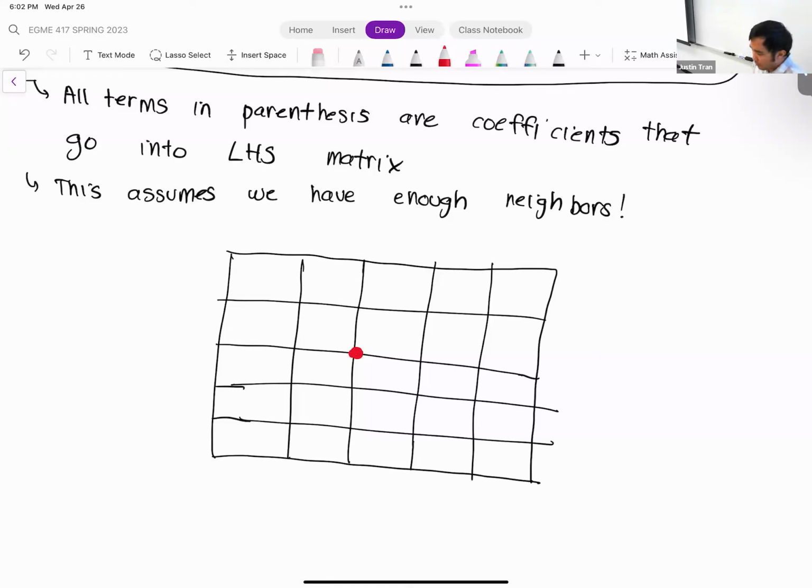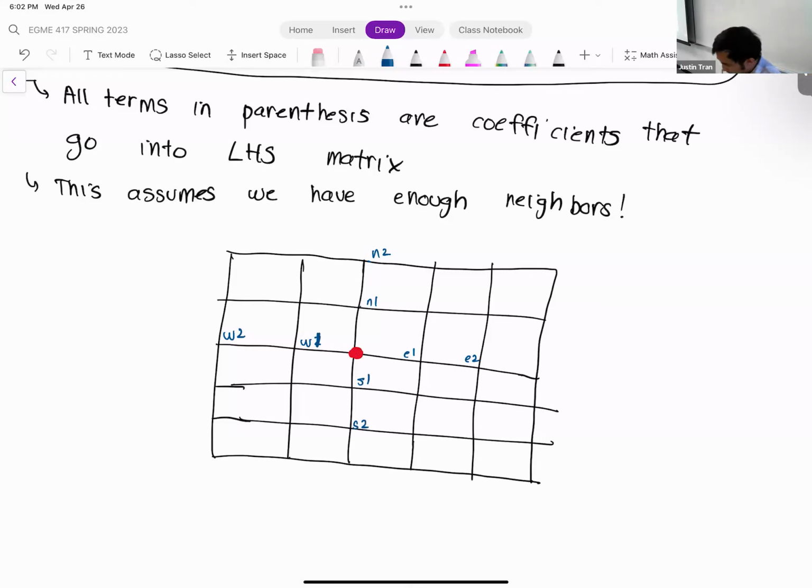For this node, we don't have any issues applying our equation, because if you look at all the neighbors, we have two neighbors to the north, N1 and N2, two neighbors to the east, E1 and E2, two neighbors to the west, W1 and W2, and two neighbors to the south, S1 and S2. So that node has no issues.